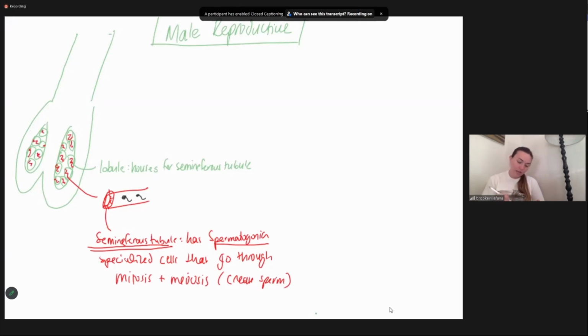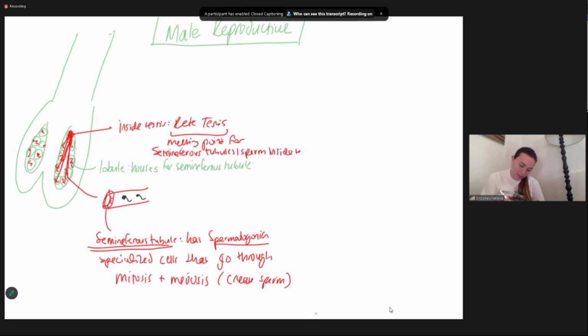Okay, so then inside of the testes, all of those little seminiferous tubules meet up, and the spot where they meet up inside the testes is called the rete testis. Rete, R-E-T-E, testis, and this would be the meeting point for seminiferous tubules and sperm inside the testes, and then there would be one on each side.